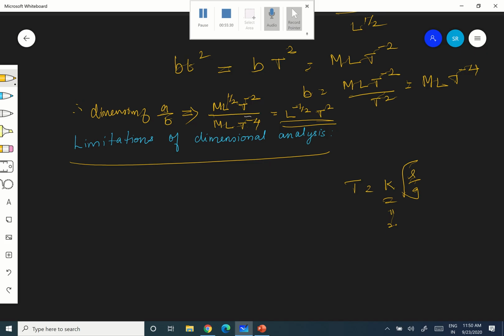But here in mechanics, maximum you will get only 3 equations, M, L and T. If any physical quantity depends on more than 3 quantities, then you cannot adopt this dimensional analysis. That is why, see, I think there is one problem we have derived.